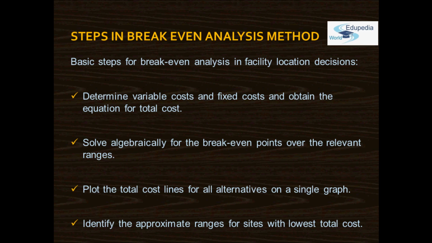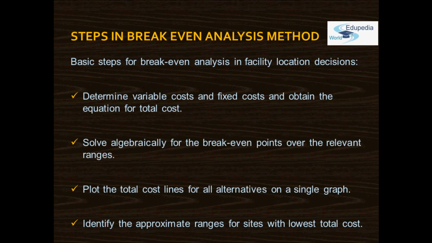And then finally we will plot these lines or these equations which we have got on a single graph for all the various prospective locations, and then identify the range for each site with the lowest total cost. We'll see in which range, which location gives us the lowest total cost and which is supposedly the most suitable, and thereafter we can decide depending on the range of output which we are planning to obtain from those plants.